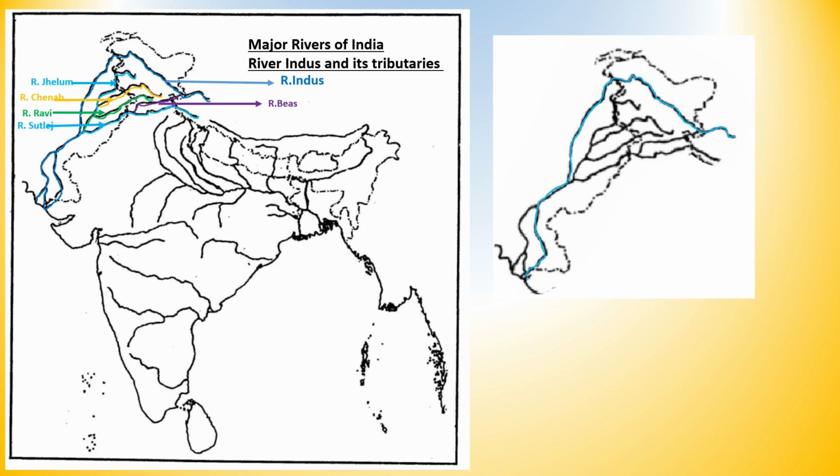One is entering into Rann of Kutch, another one towards Arabian Sea.